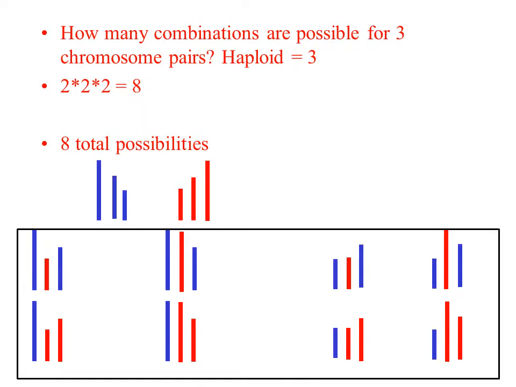The haploid number is 3, so you replace n with 3. Therefore that will be 2 times 2 times 2, which is 8. 8 total possibilities. Either one of these possibilities could create a new offspring. This is why offspring will not be genetically the same.